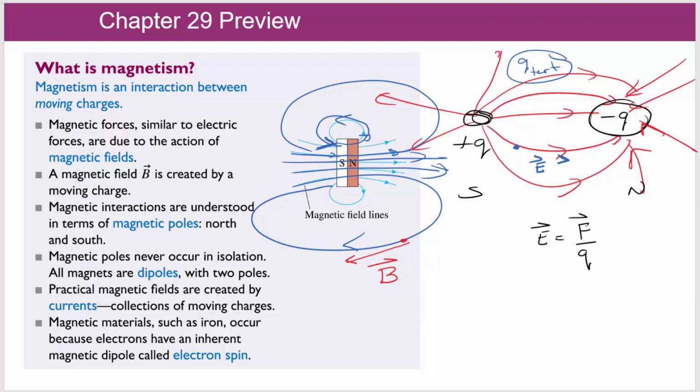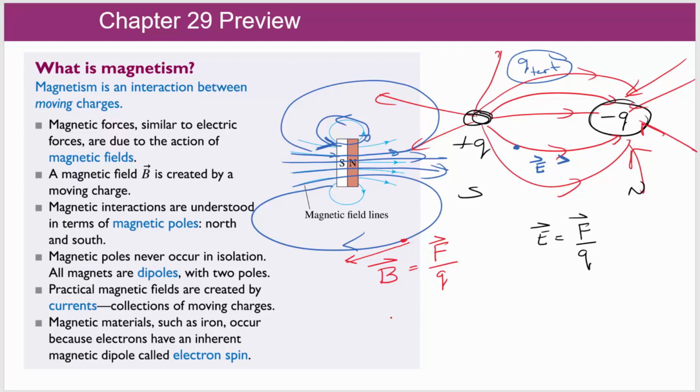We will see for magnetism that it is not going to be just the magnetic force per charge, but it also depends on the velocity of the charged particle. We have to take into consideration the motion of the charge.